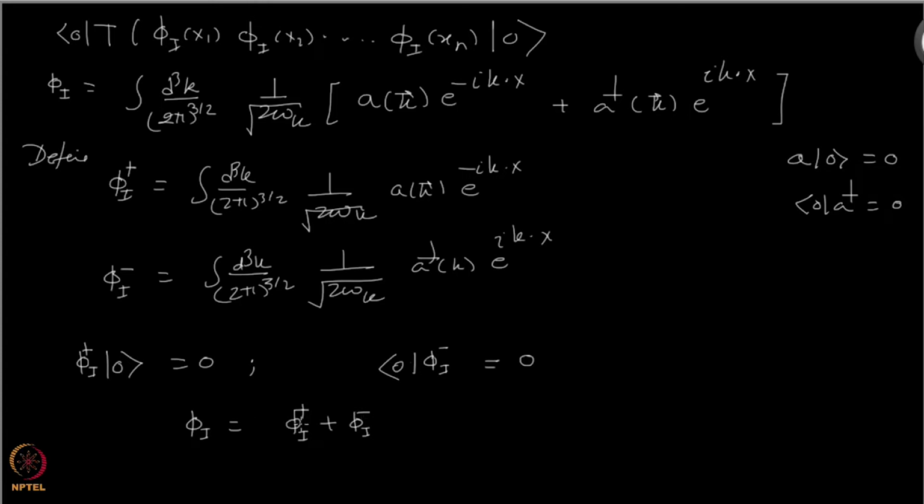Okay, so let's see how this is helpful, and for that I will first start looking at a 2-point function. We'll generalize to n-point function later, but let's look at this first. So I'm looking at this time ordered product. Let's say x1 naught is larger than x2 naught.